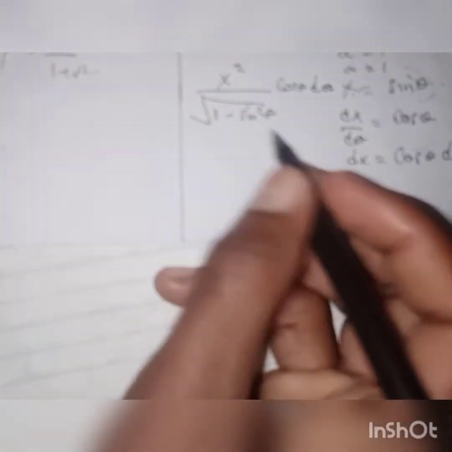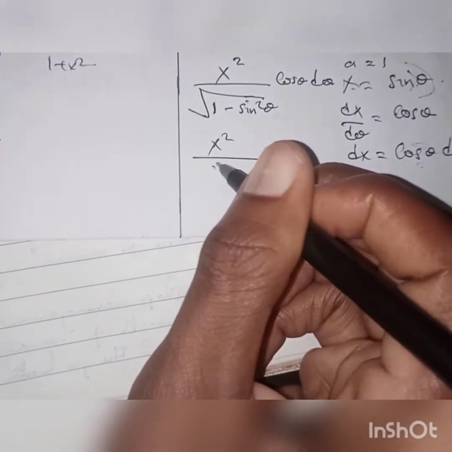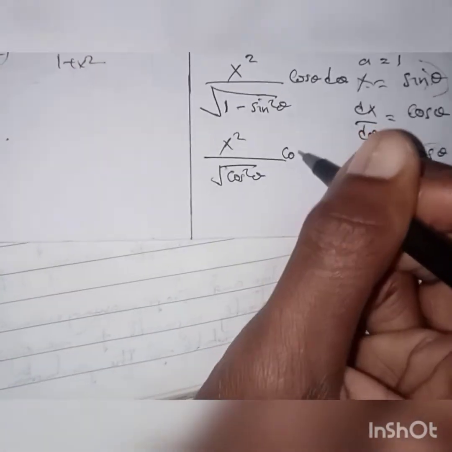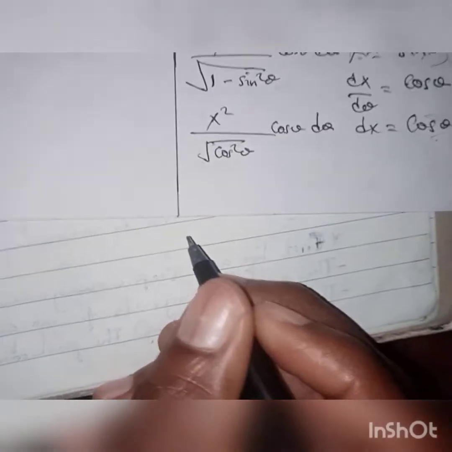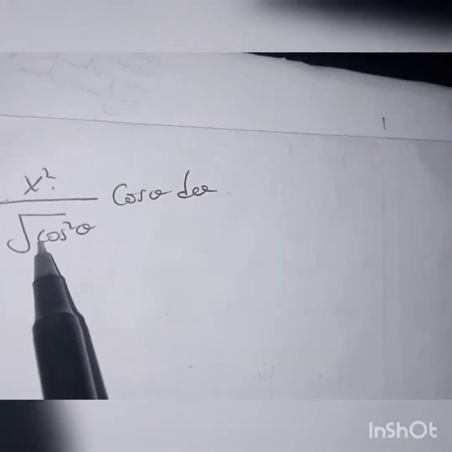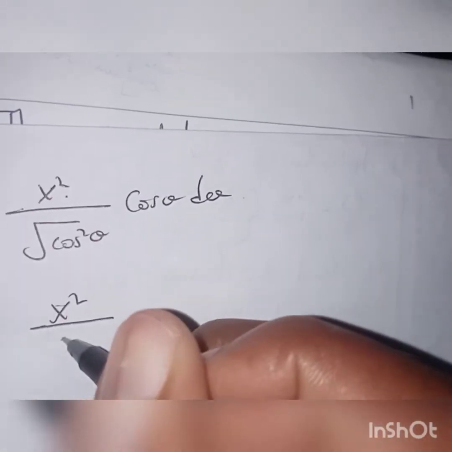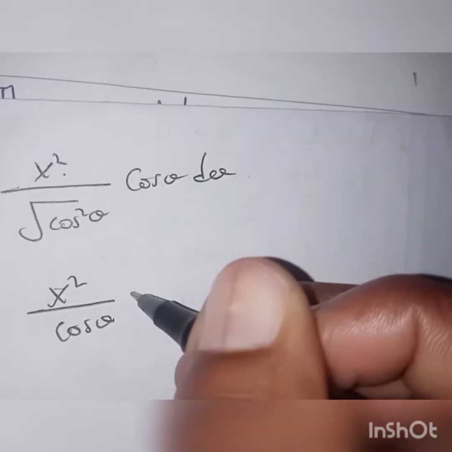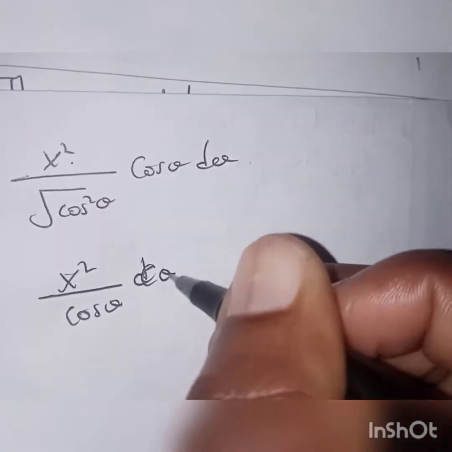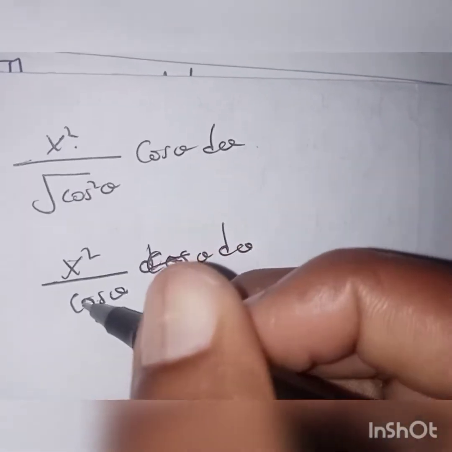The square root of 1 minus sine squared theta is just the square root of cos squared theta, which is cos theta. So it is x squared over cos theta, then cos theta d theta, and cos theta will cancel out here.